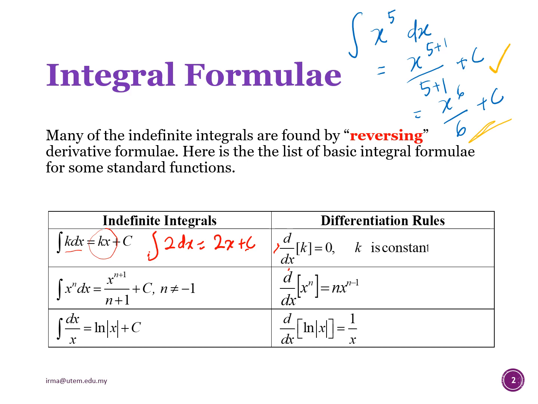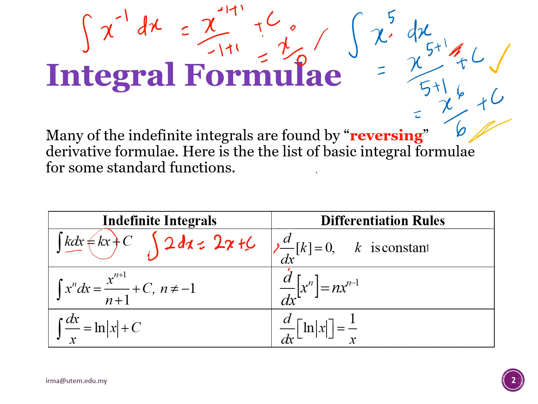I'll give you another example, x to the power of negative 1. If you use the formula, you'll get x to the power of negative 1 plus 1 over negative 1 plus 1, plus c. Negative 1 plus 1 is 0, right? So you have x to the power of 0 over 0.